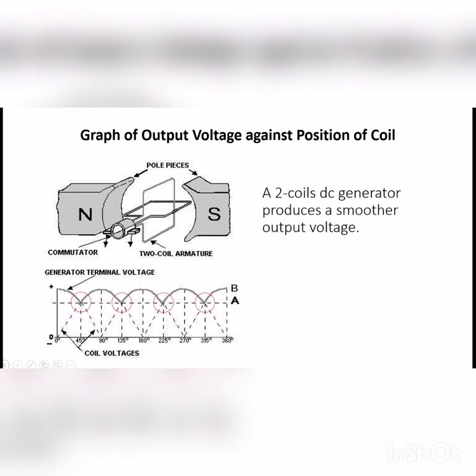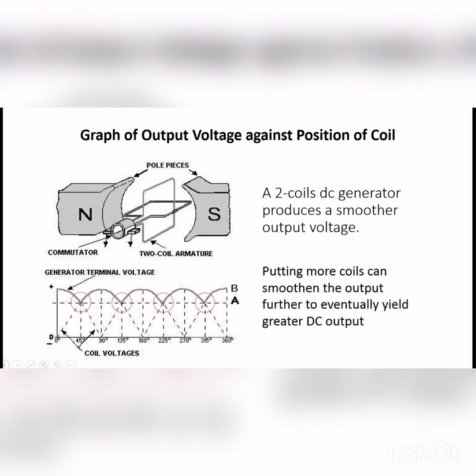So by using a DC generator with 4 or more coils, it will produce a smoother output voltage compared to a 2-coil DC generator. And also, by putting more coils, you can smoothen the output voltage further to increase the yield of DC output.